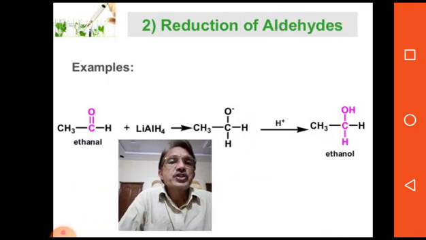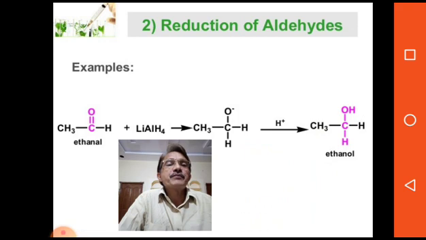Look at the reduction of acetaldehyde. CH3CHO is acetaldehyde. IUPAC name is ethanal. When ethanal undergoes reduction in the presence of lithium aluminium hydride, it ultimately gives ethanol.